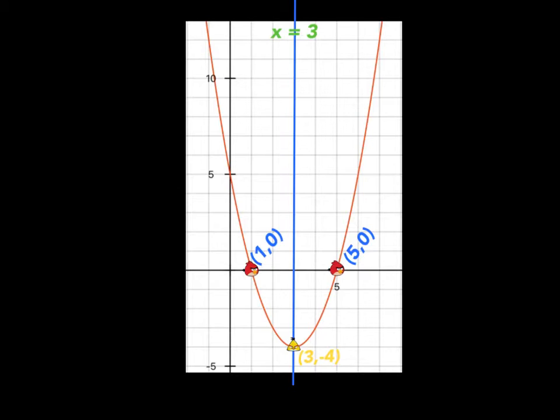And here's another example. Between the two x-intercept points 1 and 5 is 3. There's the line of symmetry. And we track our way down to the minimum point, and there is our vertex at (3, -4).